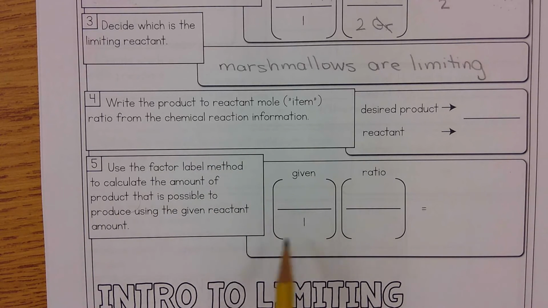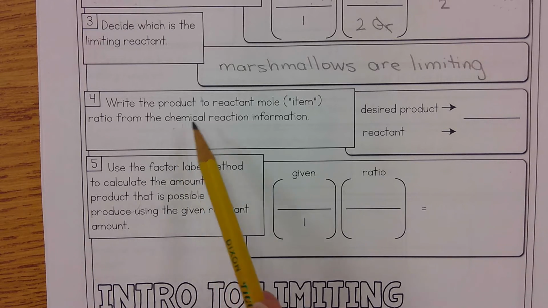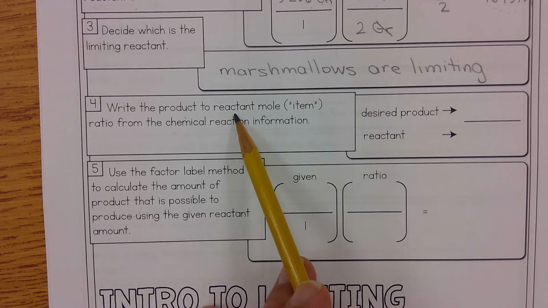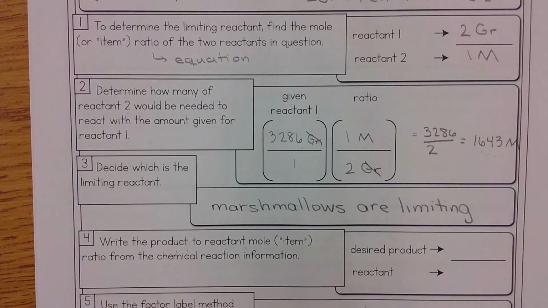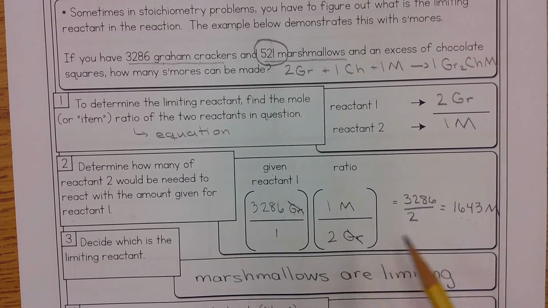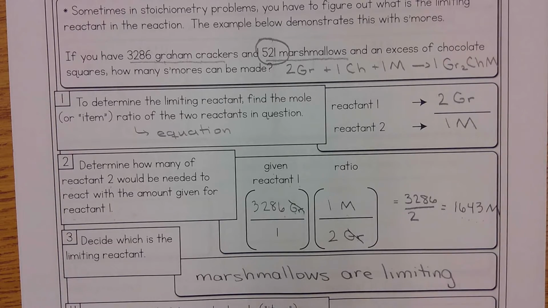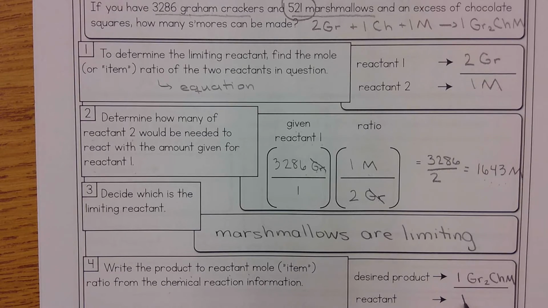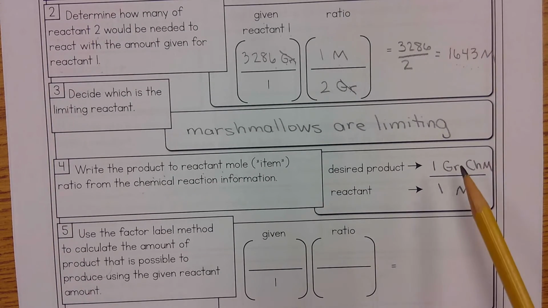This is just like we did the other day. We write a ratio from the chemical reaction, product to reactant, finished product to ingredient. My desired product is a s'more. My recipe is for 1 s'more, and for that I need 1 marshmallow. So that's a quick, easy 1-to-1 ratio: 1 s'more needs 1 marshmallow.